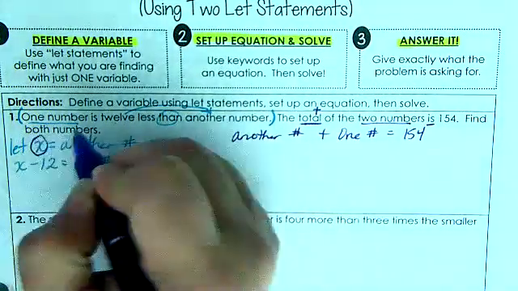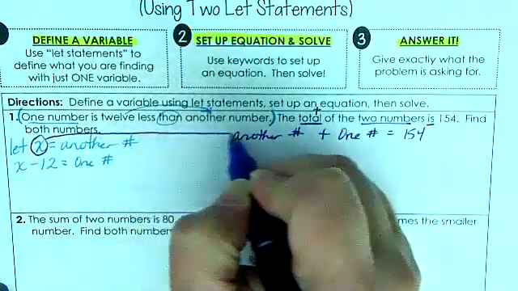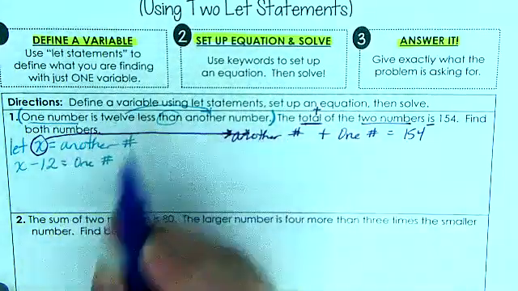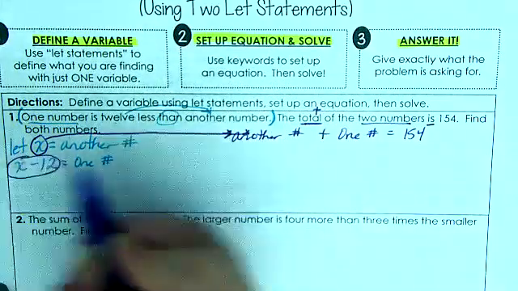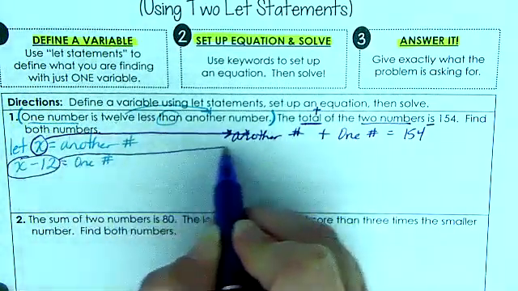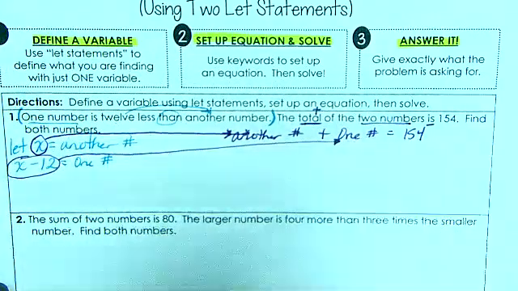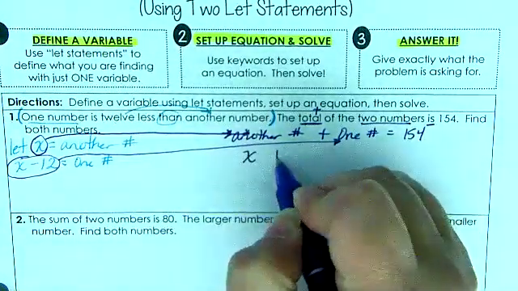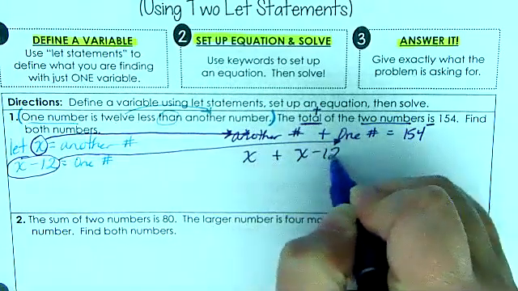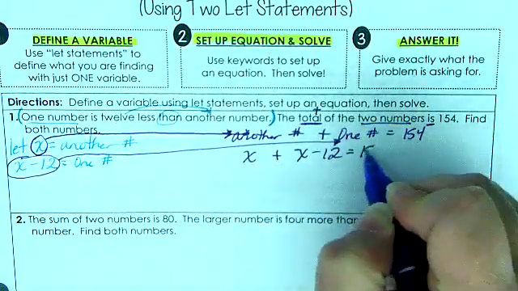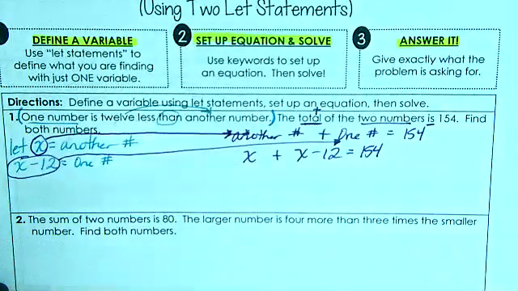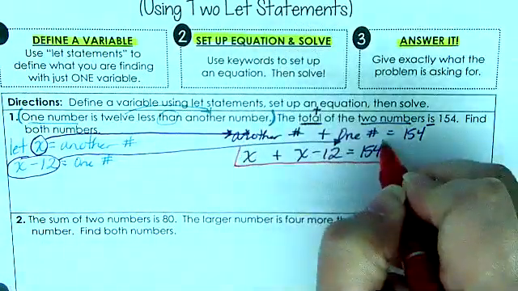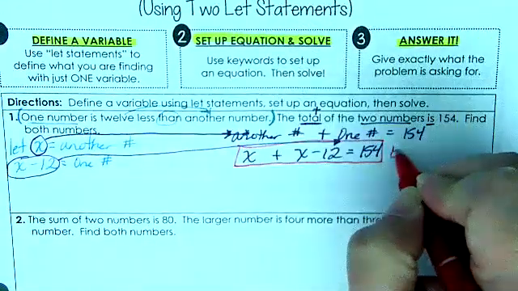So now the equation that I'm going to have is x plus x minus 12 equals 154. This is my equation.